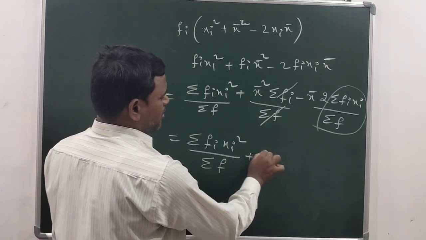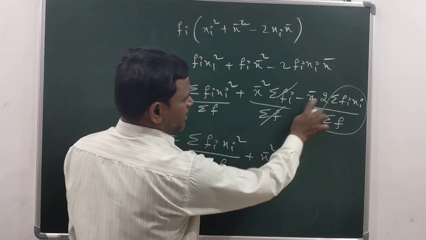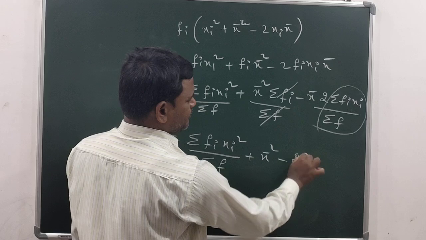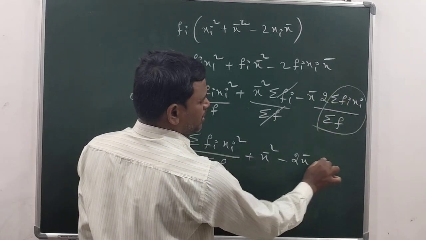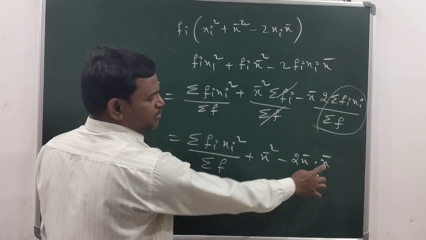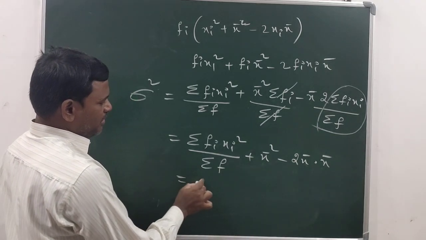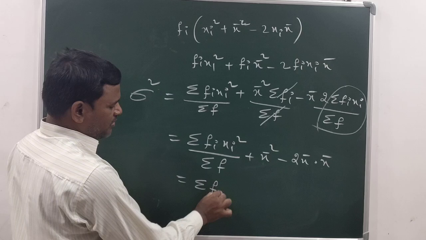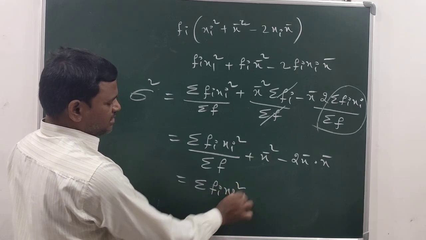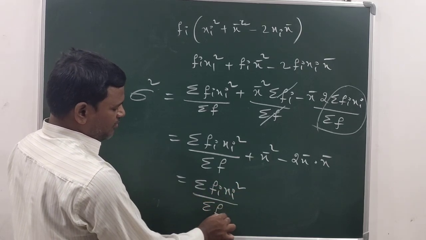So here x bar square minus 2x bar into x bar, which is 2 x bar square. Both are like terms, so simplify. The first term is sigma fi xi square by sigma fi.